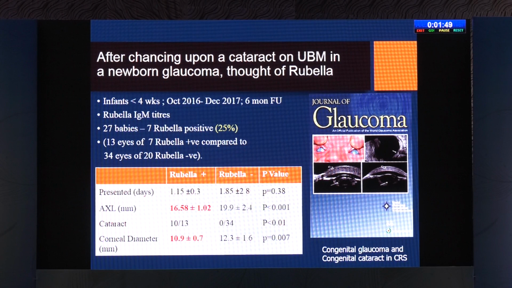And one thing that we learned is that if you have a small eye with glaucoma, then think of rubella. And why that's important is not just academically that you pat yourself on the back and say, I've diagnosed rubella, because these children could be deaf, they could have cardiac defects, which we would never look for if we don't think of rubella. So think of intraocular infections as well when you're dealing with neonatal glaucoma, and not just the pressure.